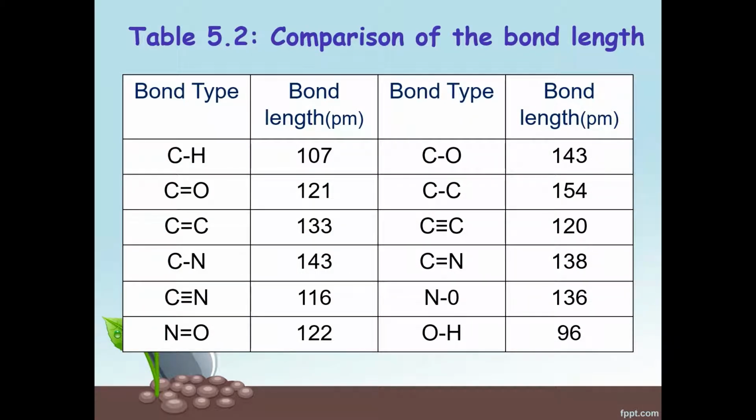So let's look at the single bond between carbon and carbon. It's 154 picometers. This is longer than the double bond, 133, and the shortest bond length is the triple bond, which is 120 picometers.